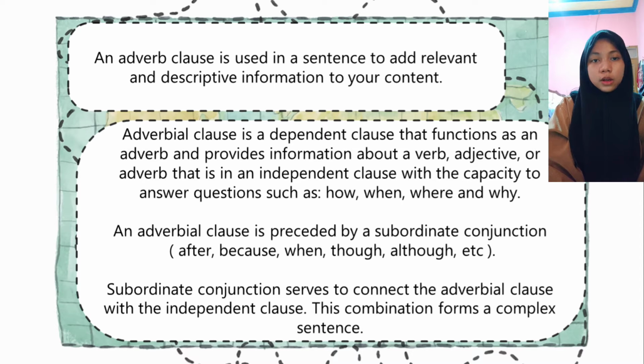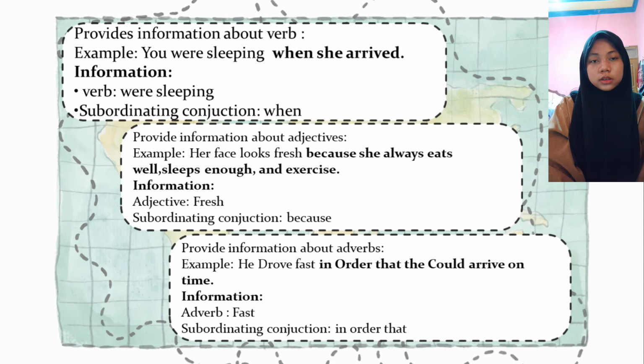An adverbial clause is preceded by a subordinate conjunction: after, because, when, though, although. The subordinate conjunction serves to connect the adverbial clause with the independent clause. This combination forms a complex sentence.